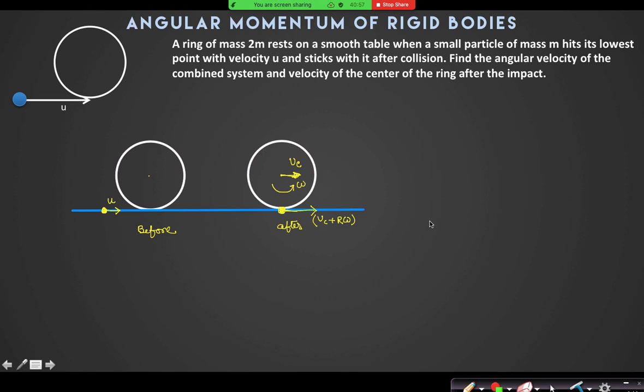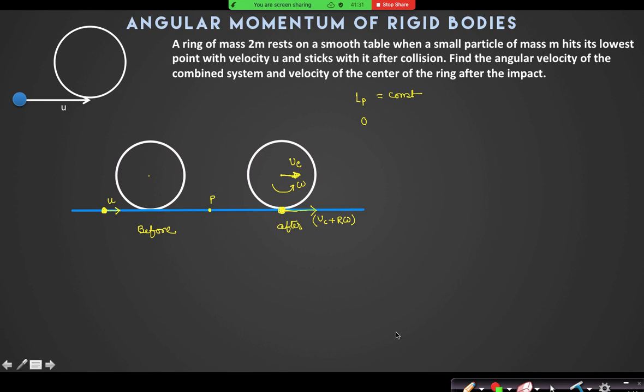About which point can I conserve my angular momentum? Any point, but I will take this point along the line of motion of the particle. About point P, I can conserve angular momentum. So what is the initial angular momentum about point P?